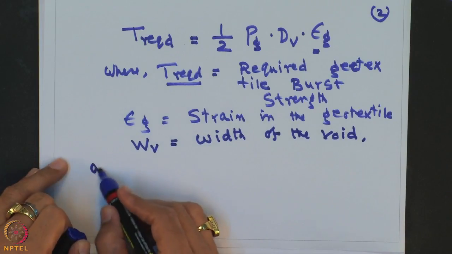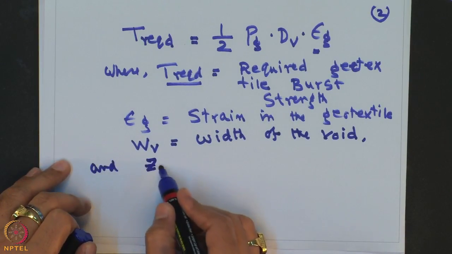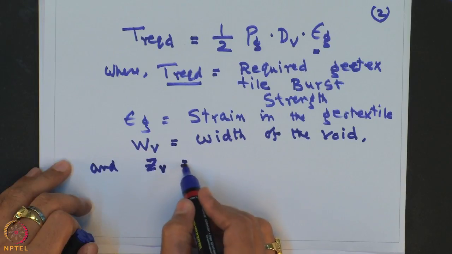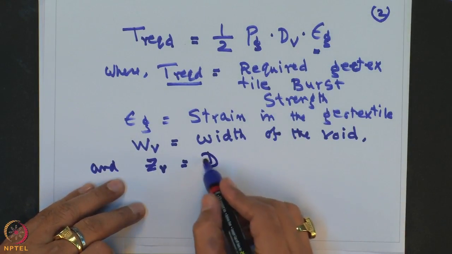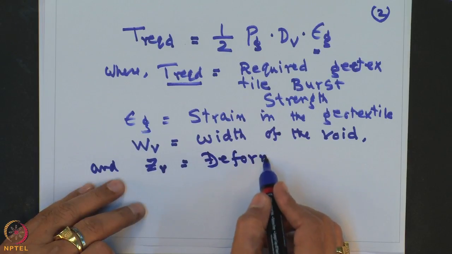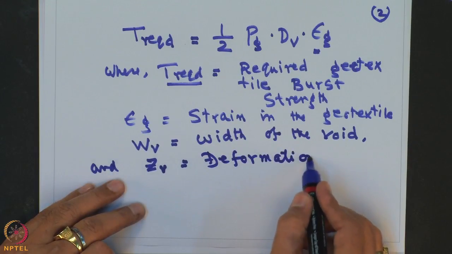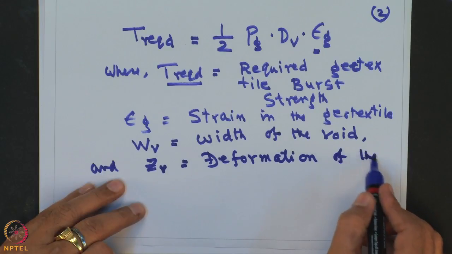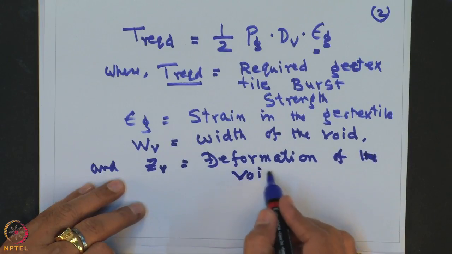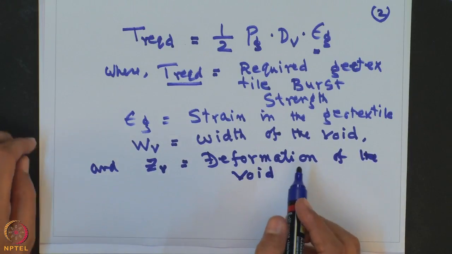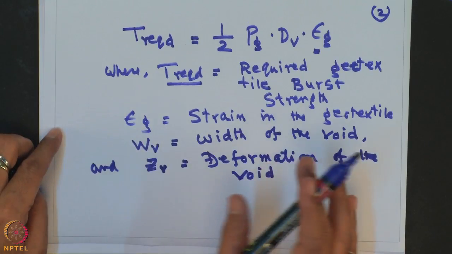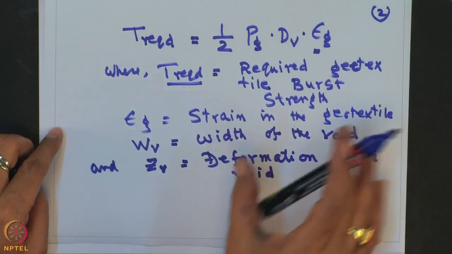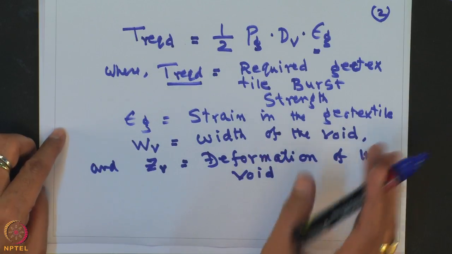And Z of V is the deformation of the void. So, you can determine what is epsilon g, that means strain in the geotextile material.